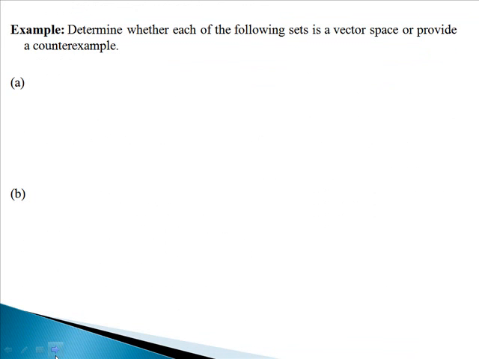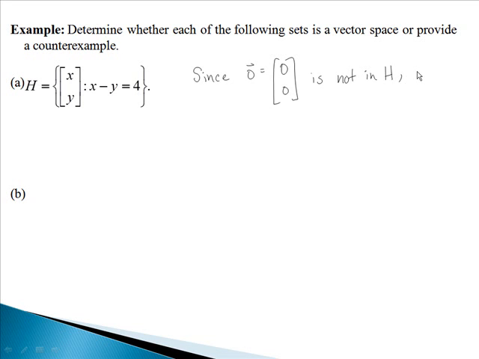In this example, we want to determine whether each of the following sets is a vector space or provide a counterexample. So for part A, we have the set H, which is just a vector x and y that satisfies this equation x minus y equals 4. So we want to determine if it's a vector space.